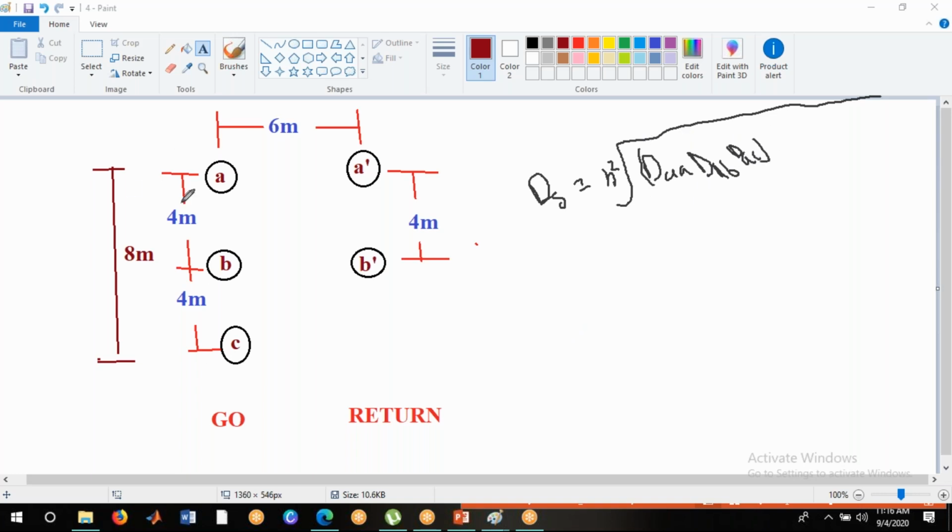If you take A as the reference, from A to A self distance, A to B and A to C, this is the first term. Next term, if you take B as the reference, from B to A, B to B and B to C. Next, if you take C as the reference, CA, the distance between CB and DCC. Now we have the 9 terms, right? So here n is 3.